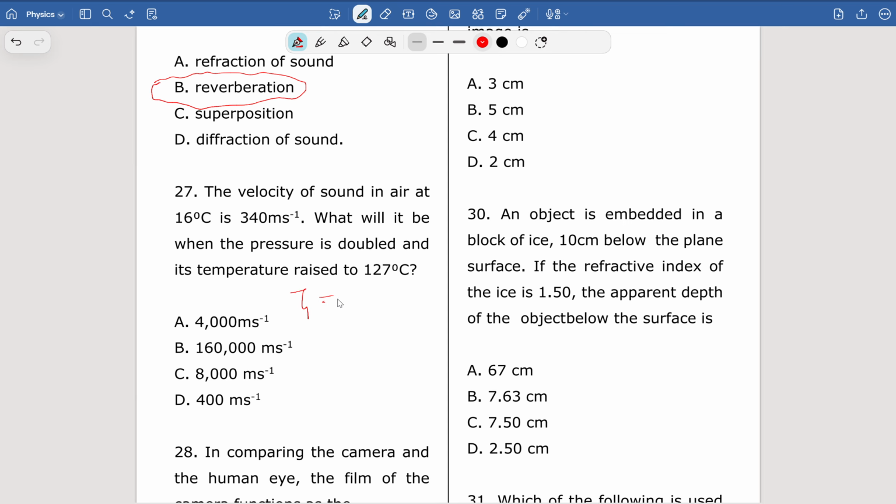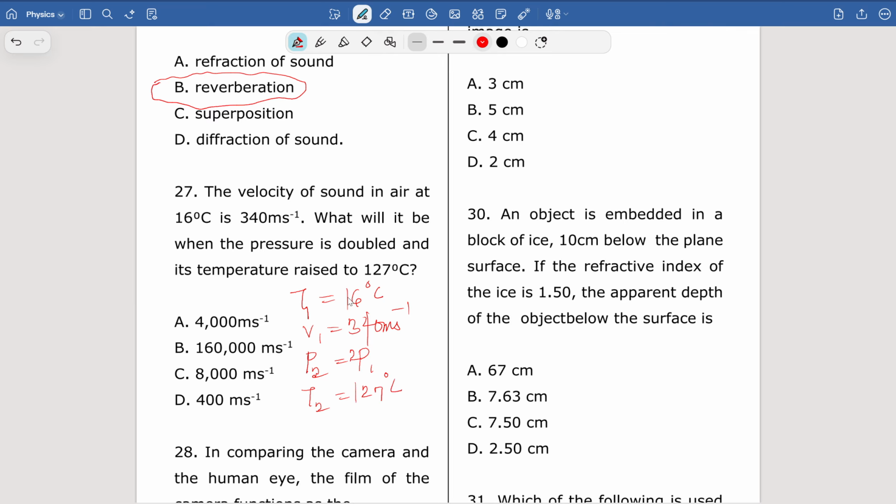I will first start with temperature one, which is 16 degrees C, velocity one, that is 340 meters per second. What will it be when the pressure is doubled? So that means I have P2 equals 2P1, yes, double, and temperature raised to 127 degrees Celsius.